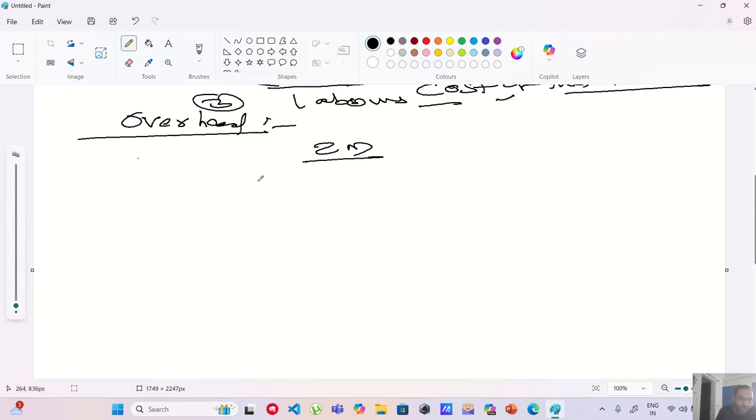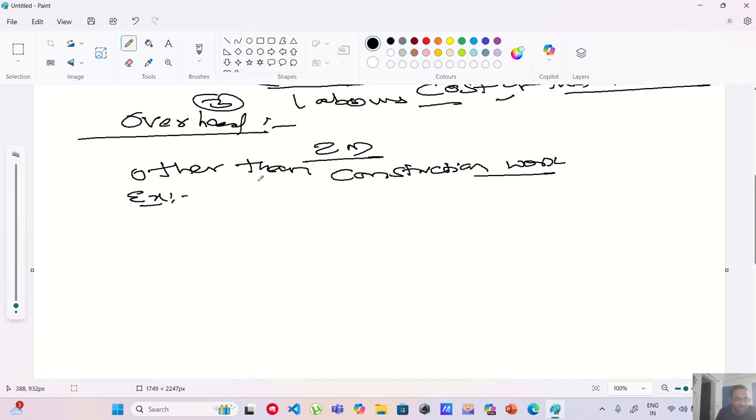It includes costs other than the construction. Just remember this phrase: other than the construction work. Whatever we include other than the construction, we can call an overhead cost.